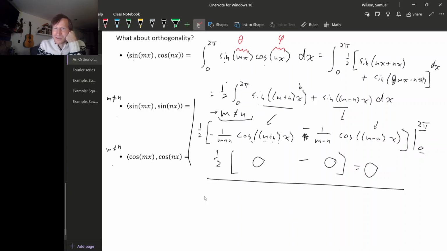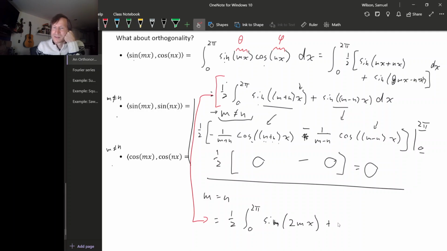Now we have to check the case when m is equal to n. Right? So now we have to back up to this step and do it again, but assume that m is equal to n. Well, if m is equal to n, let's rewrite this integral one more time before we actually do the integral. If m is equal to n, we get sine of (m plus n) is 2mx plus sine of (m minus n).